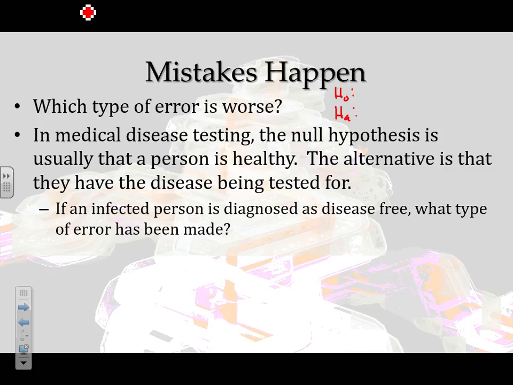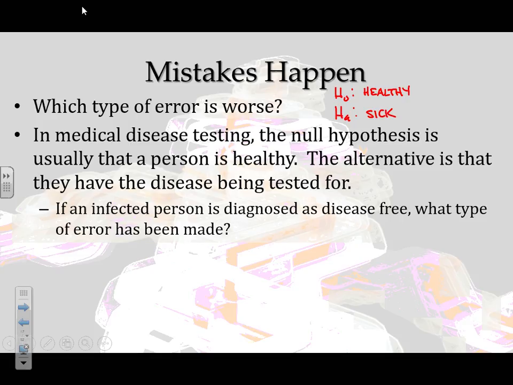The null is that the person is healthy. The alternative is that they're sick. Okay? So, if we read the situation here, an infected person is diagnosed as disease-free. So what type of error has been made?